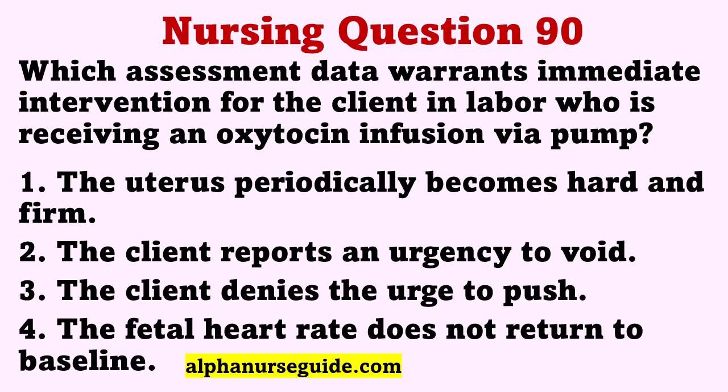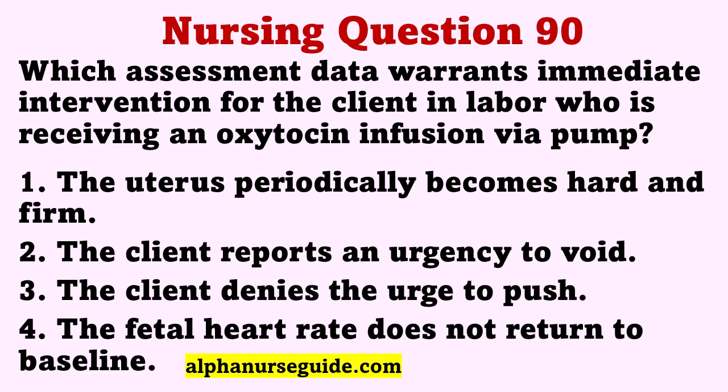The correct answer is 4. The fetal heart rate does not return to baseline. During a contraction, the fetal heart rate will decrease, but should return to the baseline fetal heart rate after the contraction. If this does not occur, it indicates the infant is in distress, and this warrants immediate intervention. This could also be a sign of uterine rupture resulting from overstimulation of the uterus.